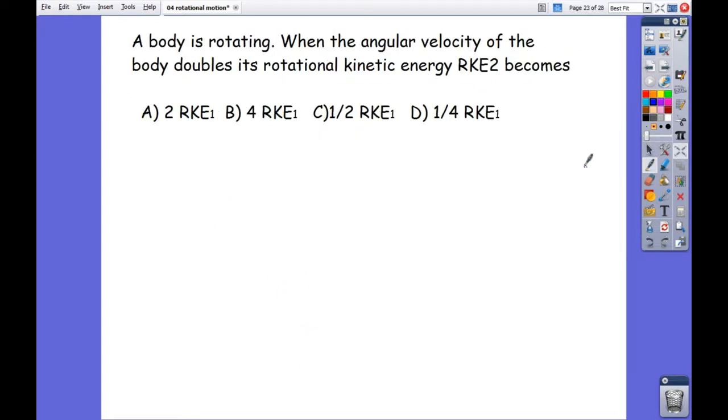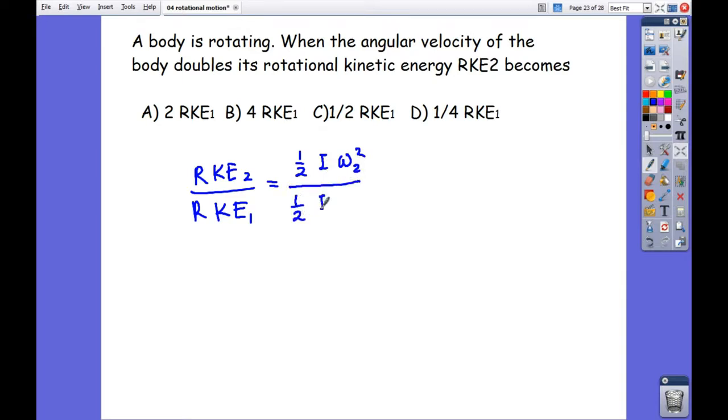Next question. A body is rotating. When the angular velocity of the body doubles, its rotational kinetic energy becomes? This is an example of comparison between the final rotational kinetic energy and the initial rotational kinetic energy. We know that rotational kinetic energy is half I omega squared for both cases.